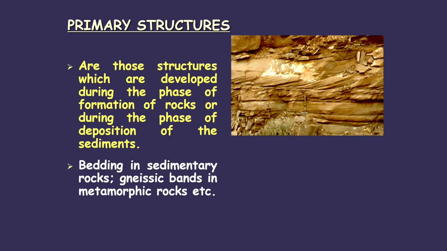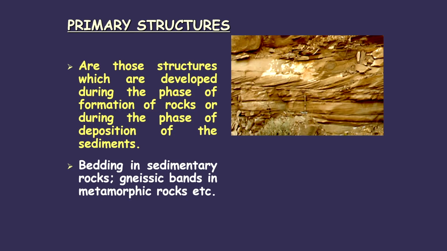In metamorphic rocks, for example in gneissic rocks, you will come across bands, and those are not related to ongoing deformation. Of course, when we talk about metamorphic rocks, these rocks have gone under high temperature and pressure, and that has resulted in them.